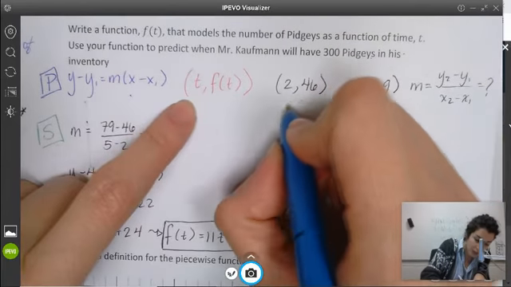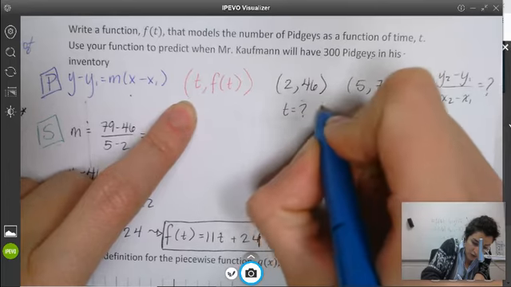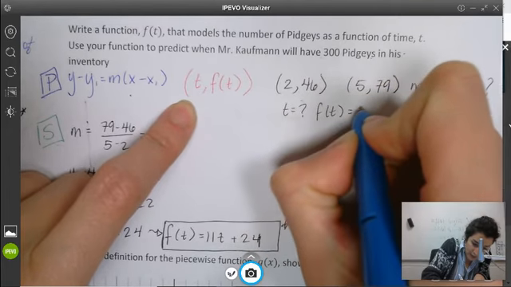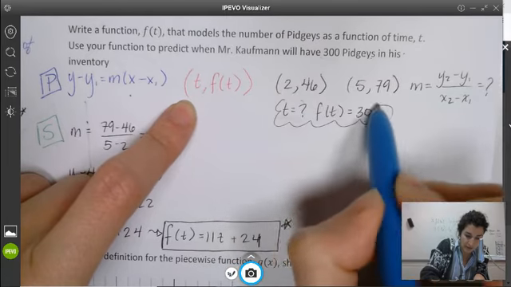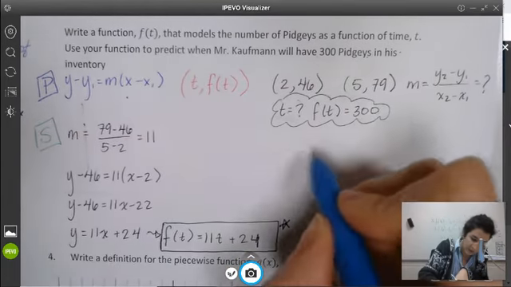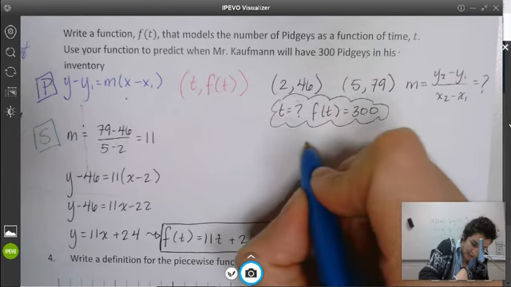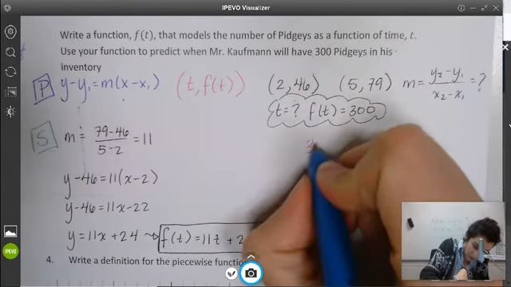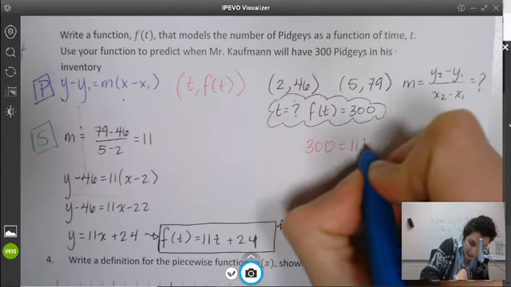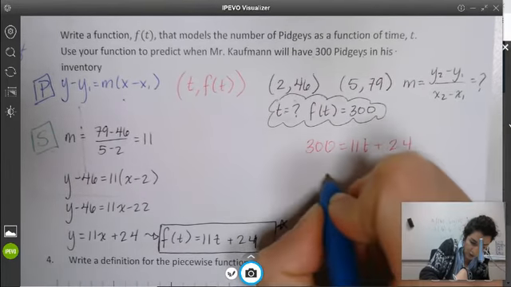So you can even write in your prepare stage, t equals question mark when f of t equals 300. So that's like a nice, oh, I need to solve for t. So then my second step here is I need to solve for f of t equals 300. So 300 equals 11t plus 24.